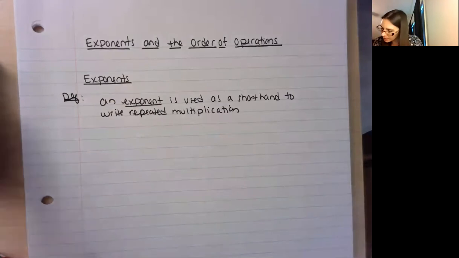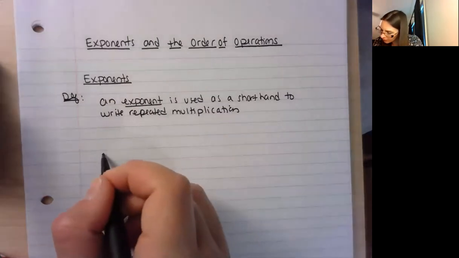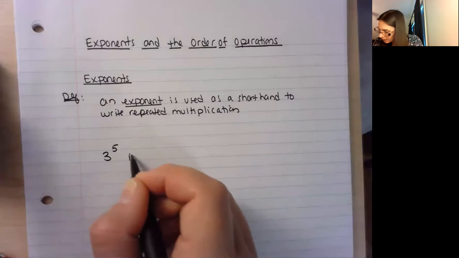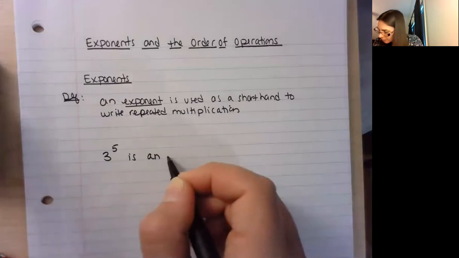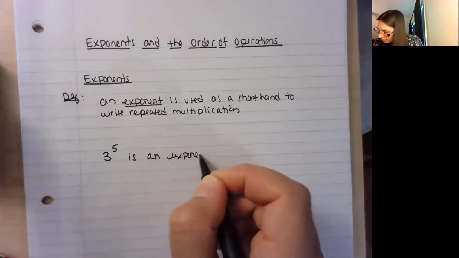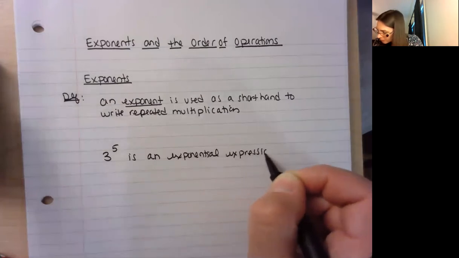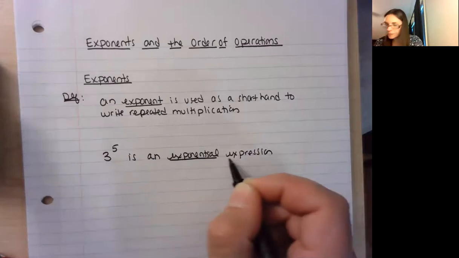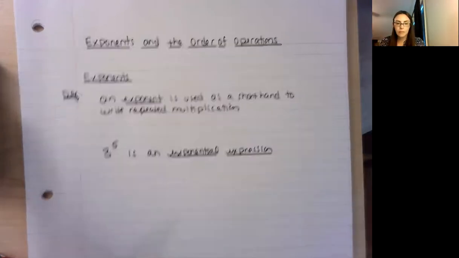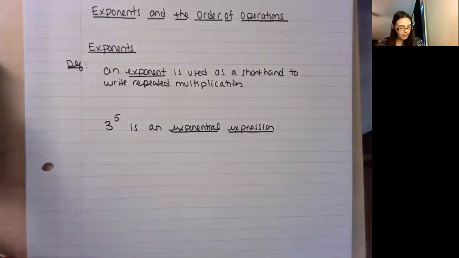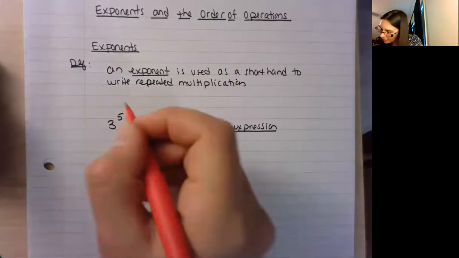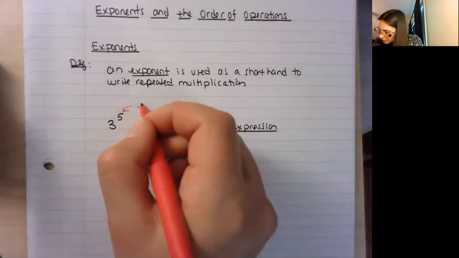And I want to give you an example. So 3 to the 5th is an exponential expression. In the exponential expression, the 5 here is your exponent.